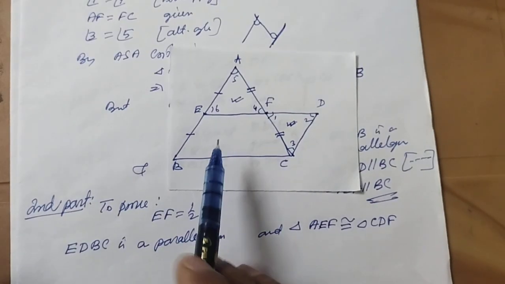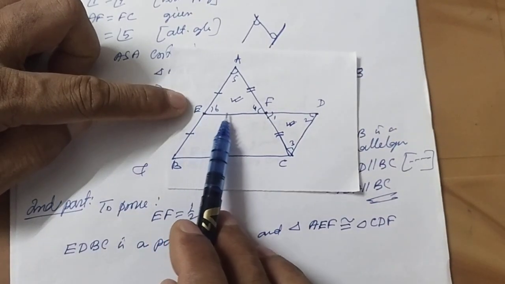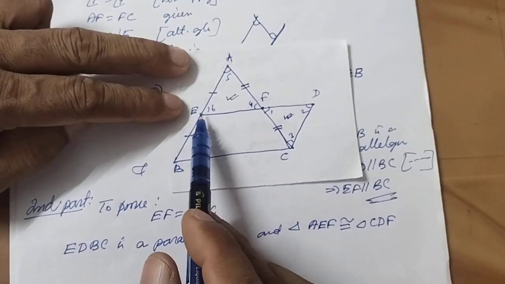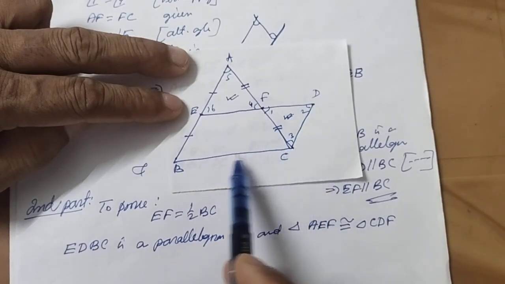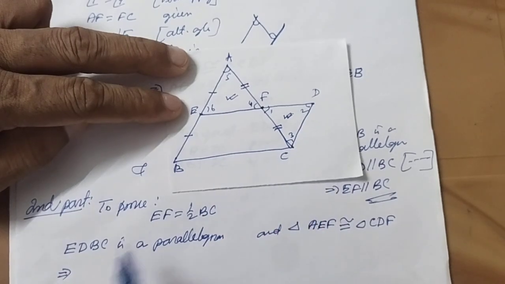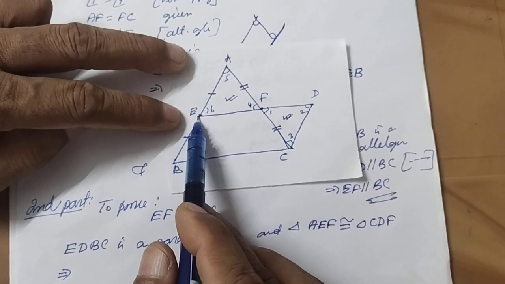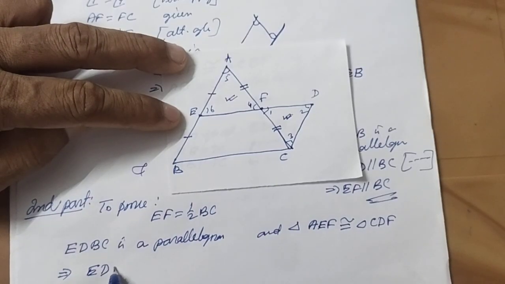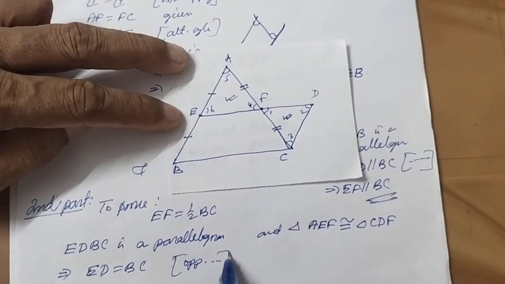Now the second part is to prove that this distance EF is half of BC. In the first part we already proved that this quadrilateral EDCB is a parallelogram, and if it is a parallelogram then opposite sides must be equal. That means ED must be equal to BC. You will mention here opposite sides of a parallelogram.